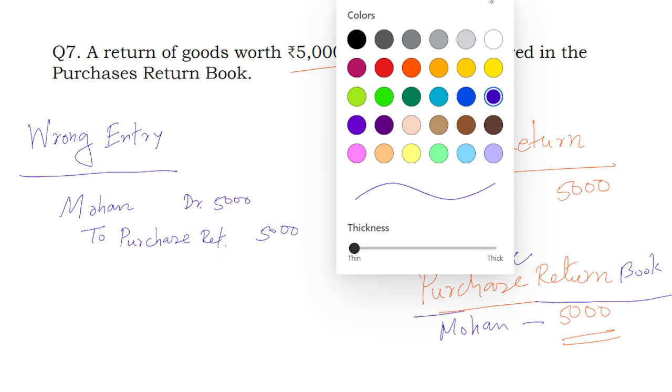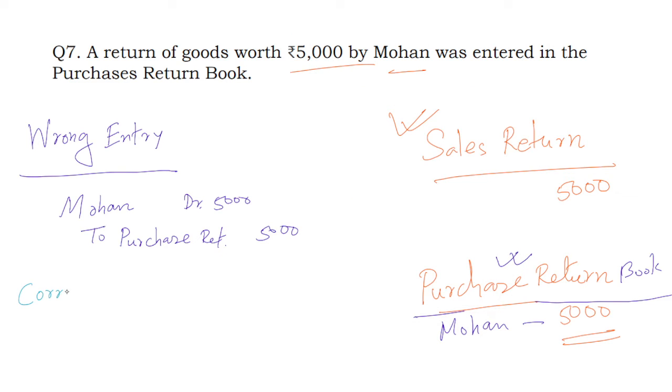Now I am showing you the right entry. The correct entry should be sales return, because goods are coming to you. So it is sales return debit 5,000 to Mohan.